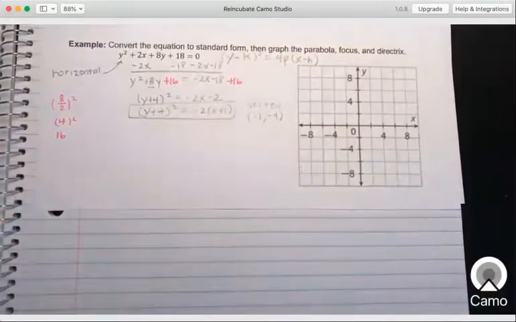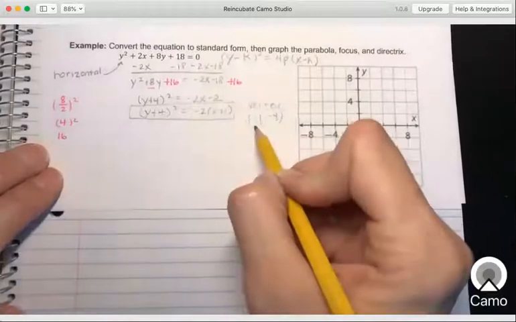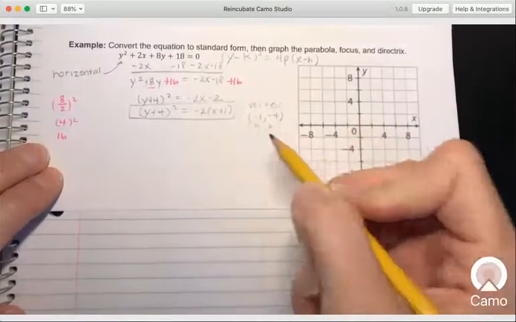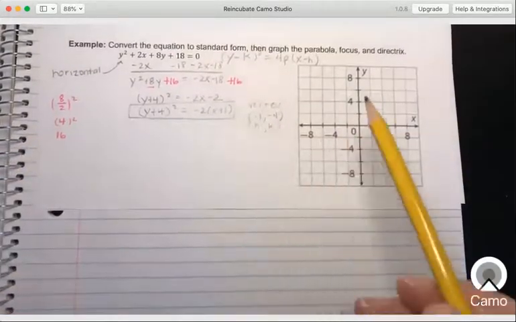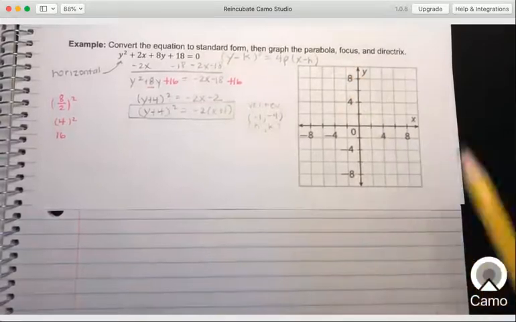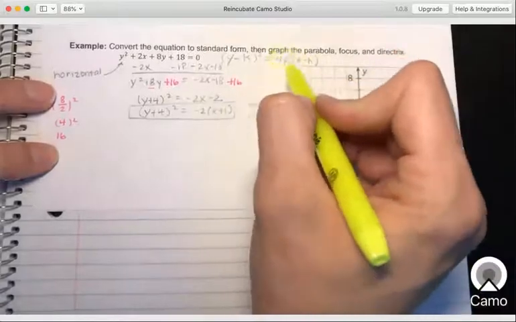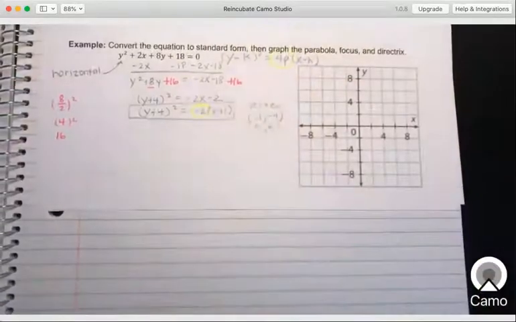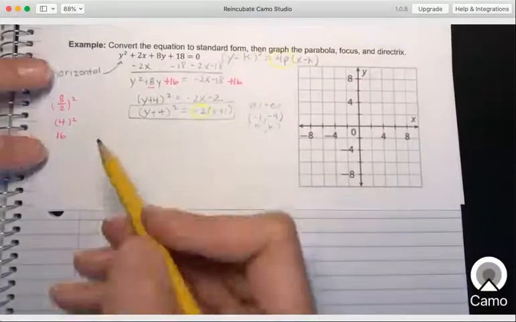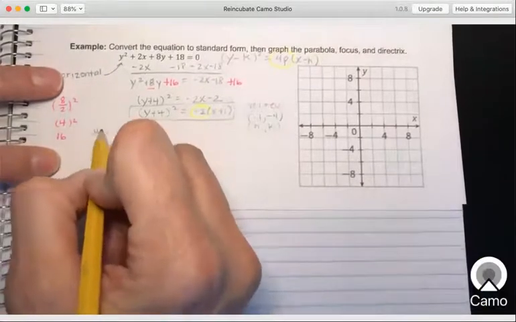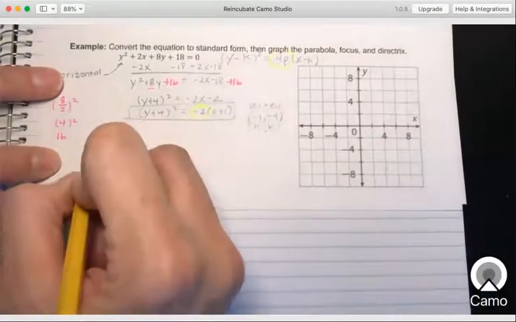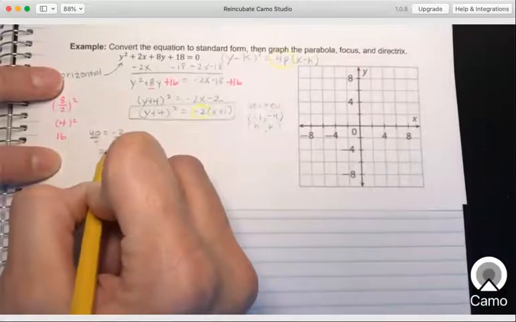All right, so we have h and k, and now what we need to do is find our p-value, and that will help us to find the focus and the directrix. So remember, our number in front that we factored out should be equal to 4 times p. So we say 4p equals negative 2, and then we solve to get p equals negative 1/2.